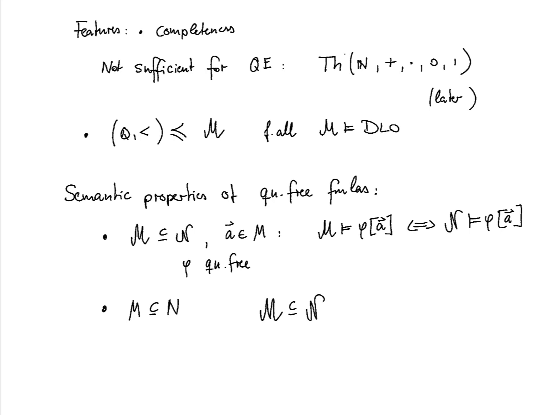So M is a substructure of N if and only if N, when interpreted as a structure over the extended language, where I introduce a constant symbol for every element in M and interpret those symbols as the corresponding element in M again, which we denoted by N subscript M, satisfies the simple diagram of M. Recall that the simple diagram collects all quantifier-free formulas and assignments to those quantifier-free formulas that are true in M.